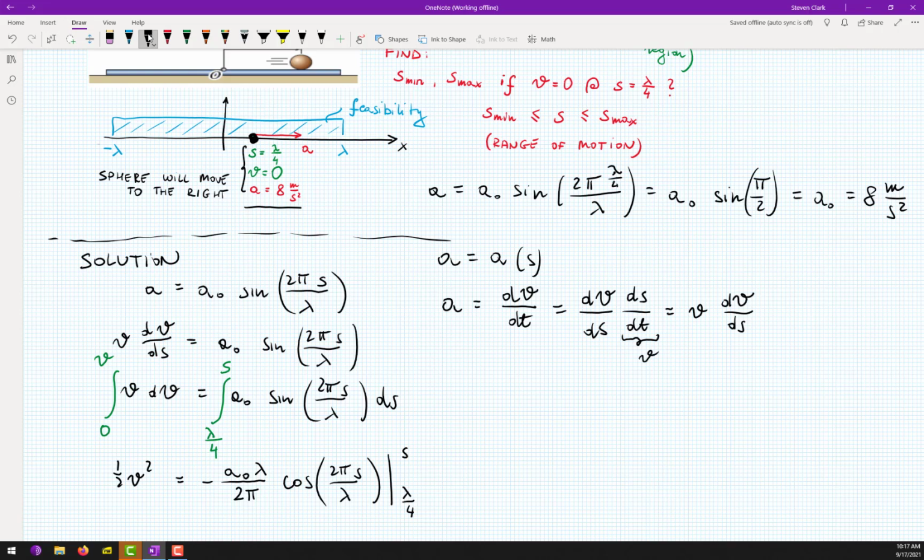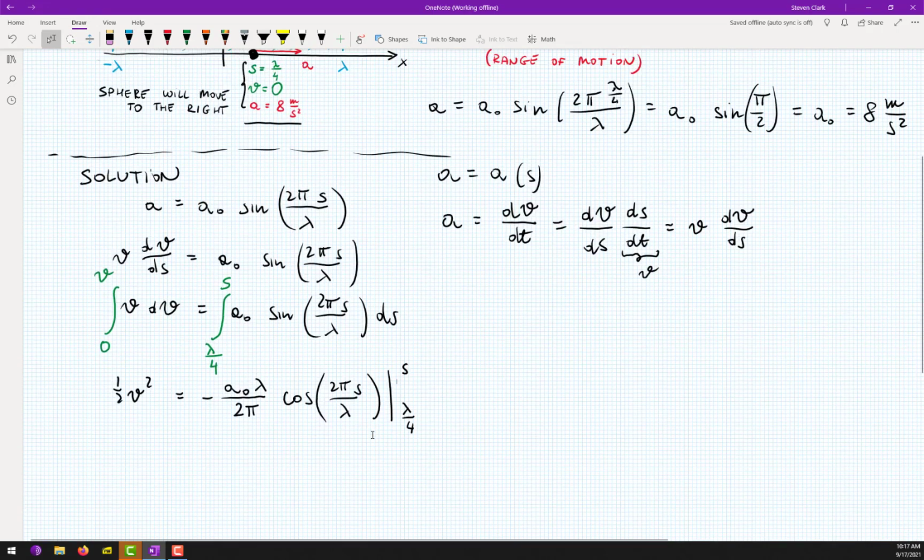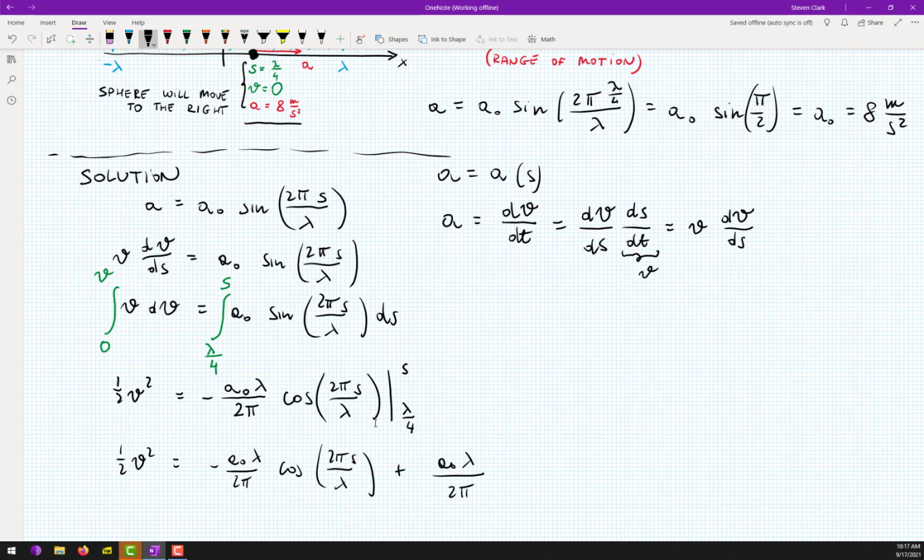Let's plug in our integration bounds. So one half v squared equals minus a0 lambda over 2 pi cosine of 2 pi s over lambda plus a0 lambda over 2 pi cosine of 2 pi over lambda times lambda over 4.